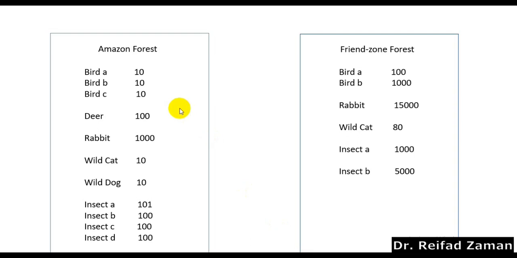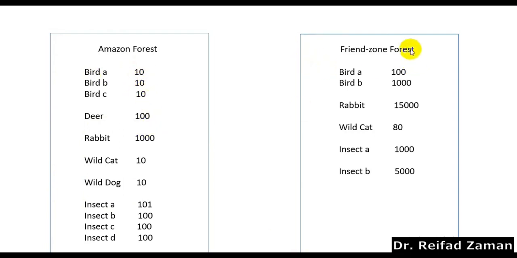Here in the first table we can see that the Amazon forest has a variety of birds and animals and insects. However, for each species, the number of individuals is quite low.